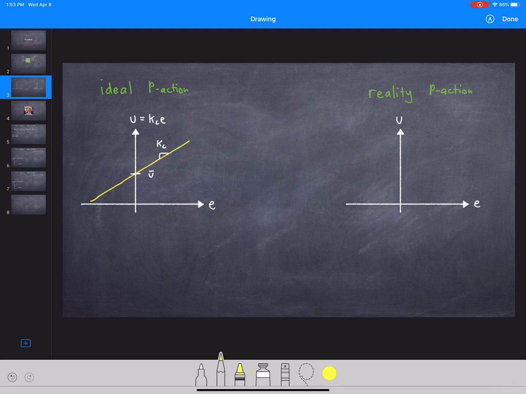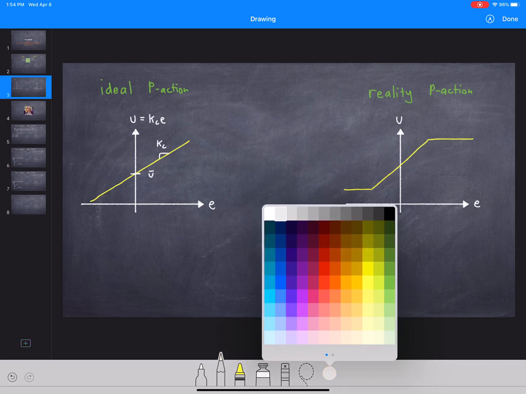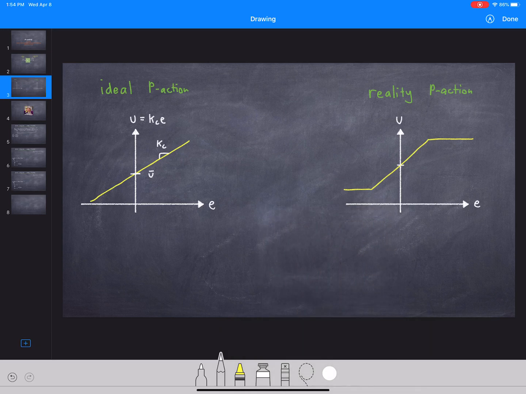So in practice, what it might look like is something like this. So there might be a minimum flow, right? And then there's also a maximum flow, right? So the controller output actually saturates, okay? So again, this is U bar. That's your steady state value when E is 0.